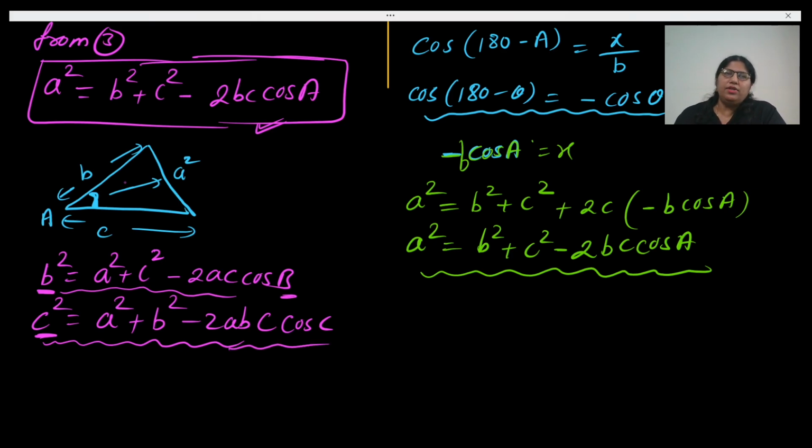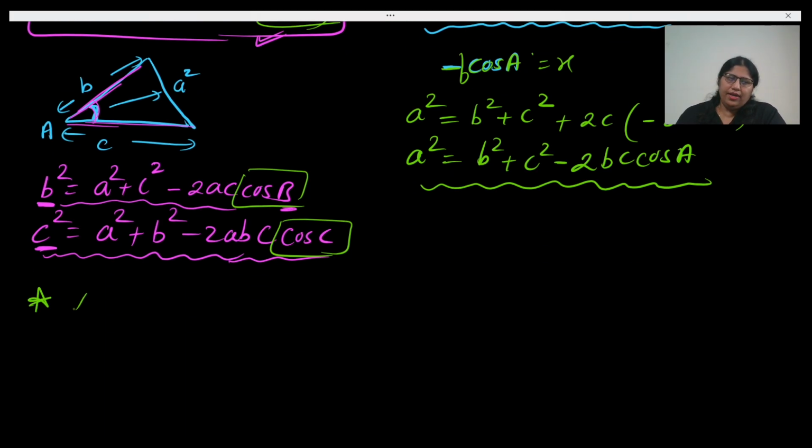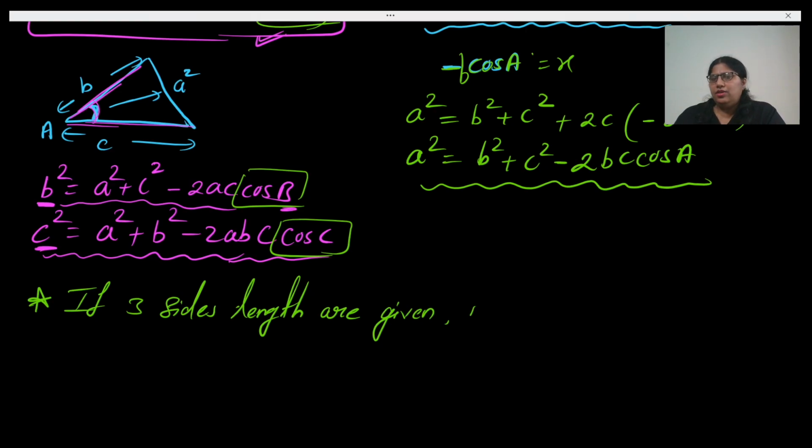So, just now we have discussed if two sides are known and the included angle is known, we can use the cosine rule to find out the third unknown side. But here, if you see, there are angles also. So, if angles A, B or C are missing, and if three sides' lengths are given, then also you can use the cosine rule to find the unknown angle.